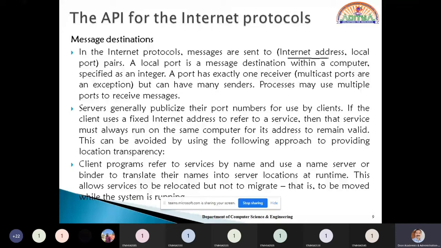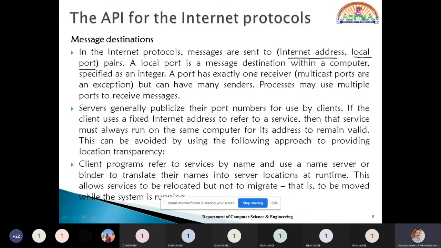When you are communicating with a faraway system, both the internet address and the port on that particular system are required to be specified. So the destination address is nothing but the internet address and the local port, the port through which you want to communicate with the process.